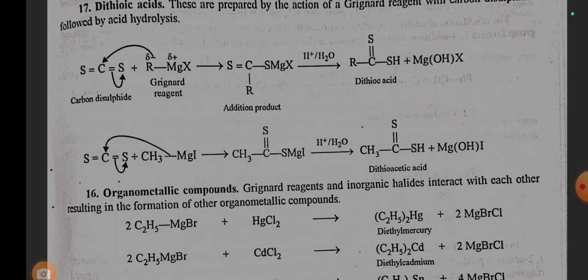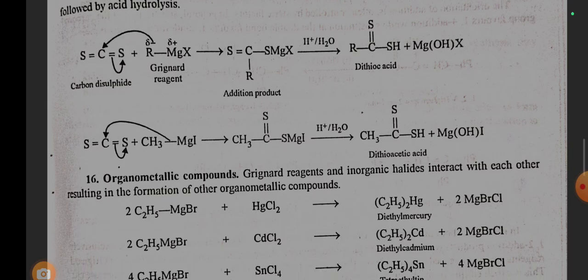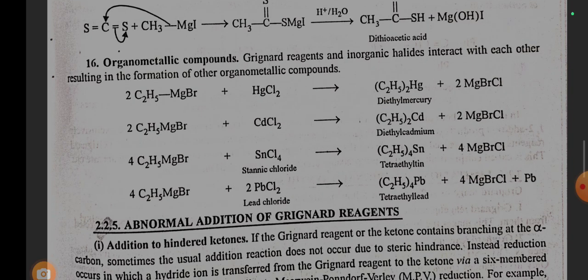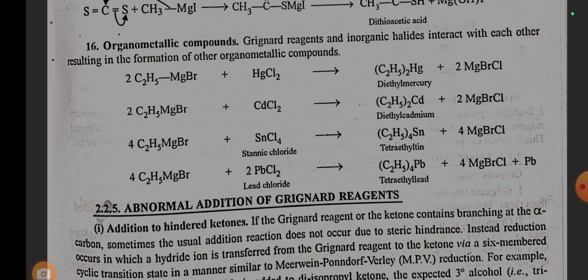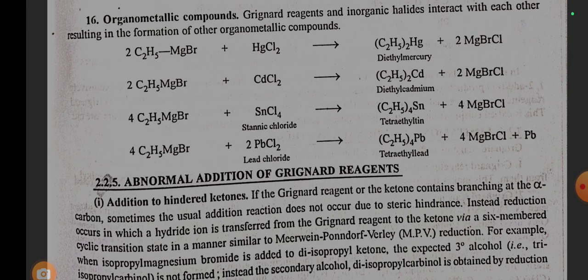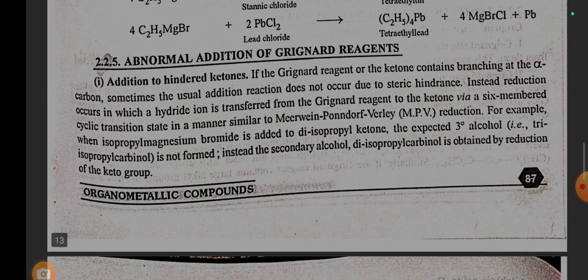Carbon disulfide plus Grignard reagent gives an addition product which on hydrolysis gives dithioic acid plus Mg(OH)X. 18. Organometallic compounds. Grignard reagent with inorganic halides interact with each other resulting in the formation of other organometallic compounds. C2H5MgBr plus HgCl2 gives diethyl mercury plus 2MgBrCl.